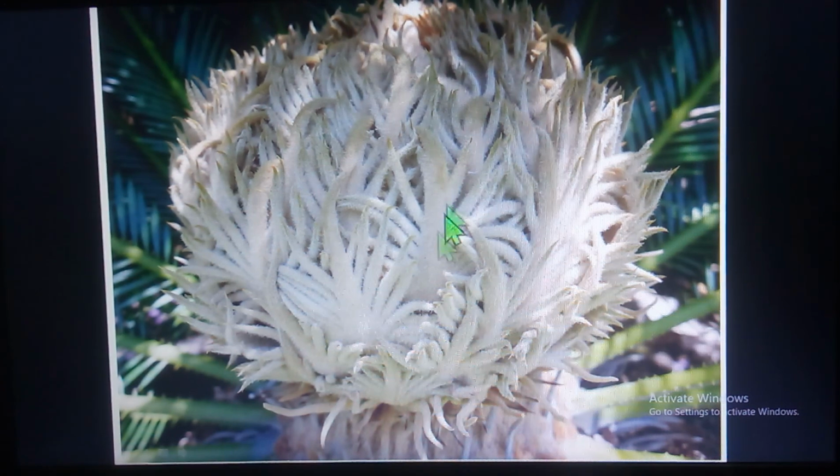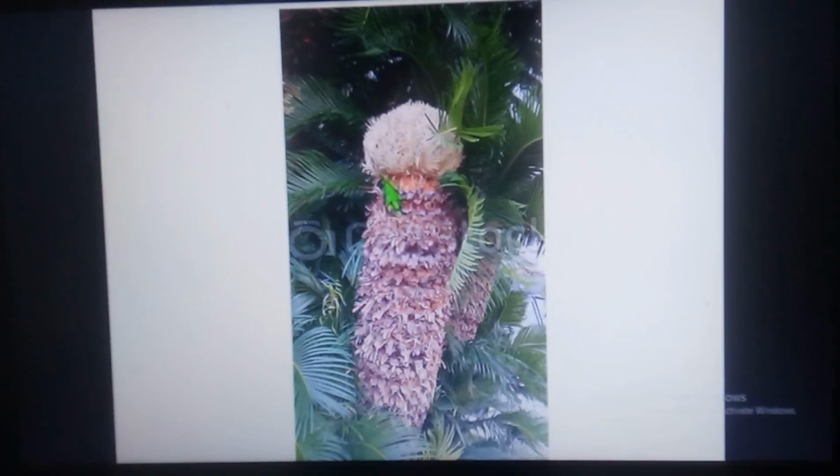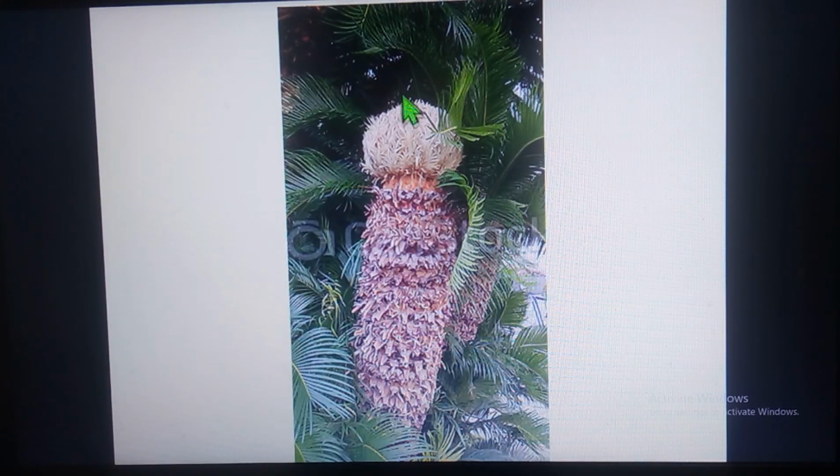We can see this one, it's more clear in this picture. We can clearly see that they are loosely arranged and found in crowded whorls around the apex of the female plant. At the apex of the plant, they are formed on the male plant and the female plant respectively.